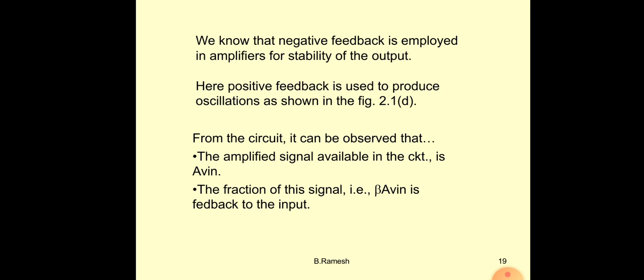From the circuit it can be observed that the amplified signal available in the circuit is the voltage gain. The fraction of this signal, beta AV, is fed back to the input.